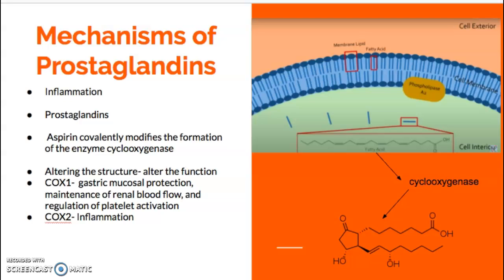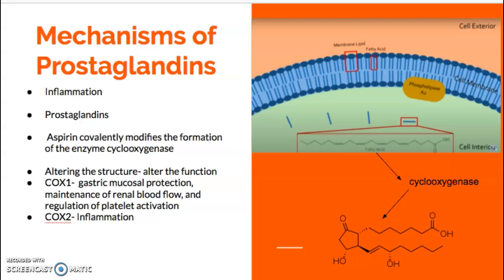COX-1 produces prostaglandins with a pretty wide range of uses, such as gastromucosal protection, maintenance of renal blood flow, and regulation of platelet activity. And COX-2 is primarily used for inflammation. It's not as readily available as COX-1, which is pretty much always in the blood or in the cell.